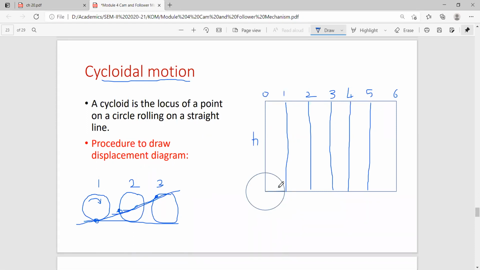Now you have to draw a circle whose center will be this lower left corner of the rectangle, and the radius of this circle will be such that it is equal to h, the lift of the follower, upon 2 pi.